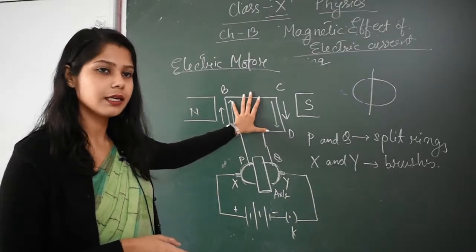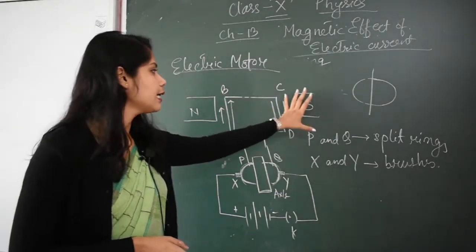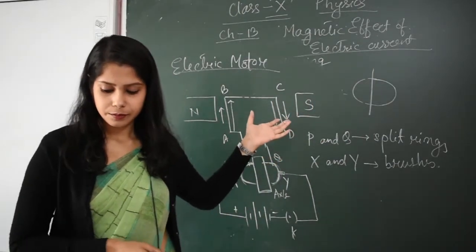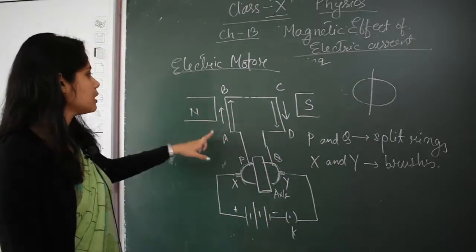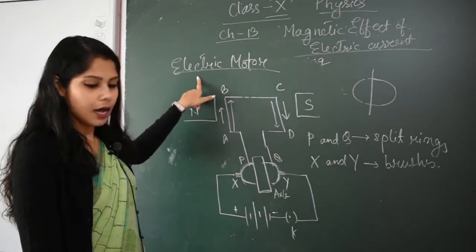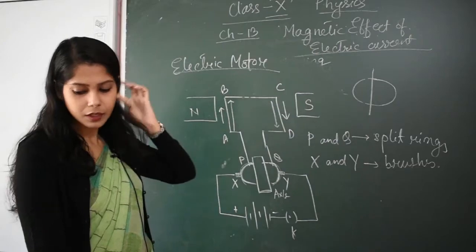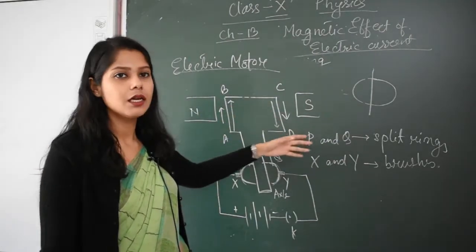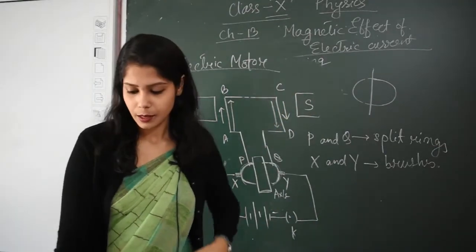This is a current carrying insulated copper wire in a magnetic field, so we will find the force. We see that the force on AB pushes the arm downwards, and the force on CD pushes it upwards.